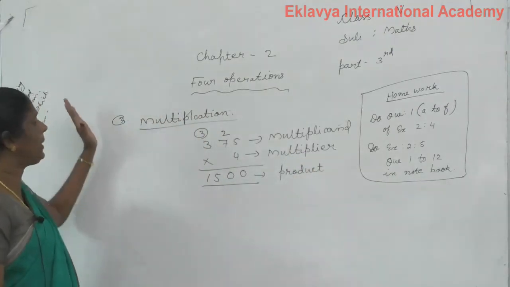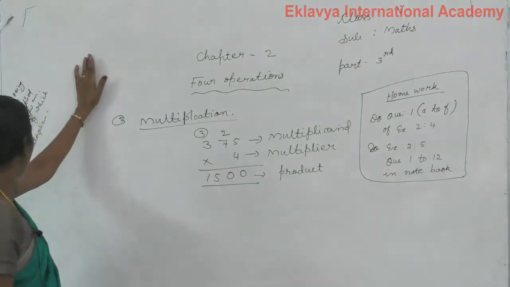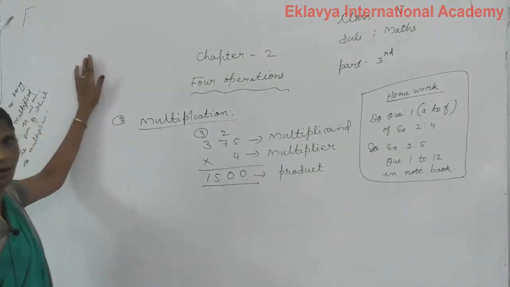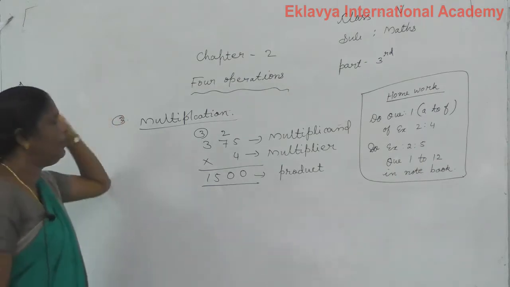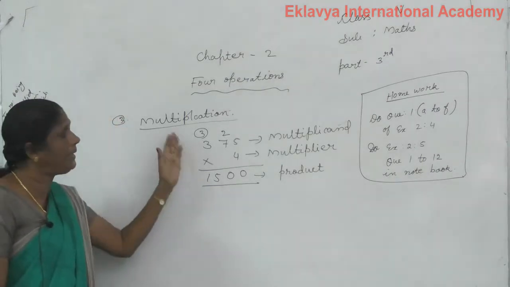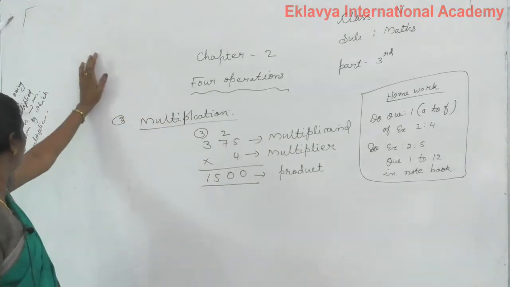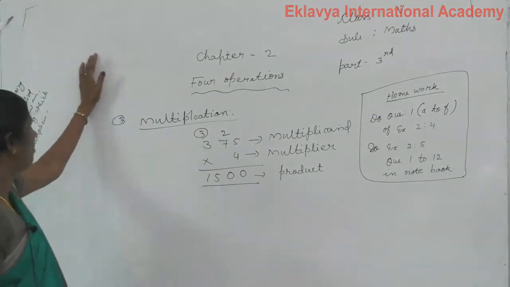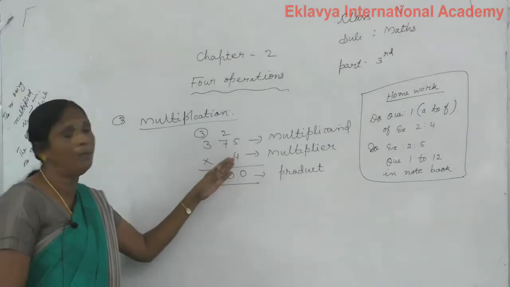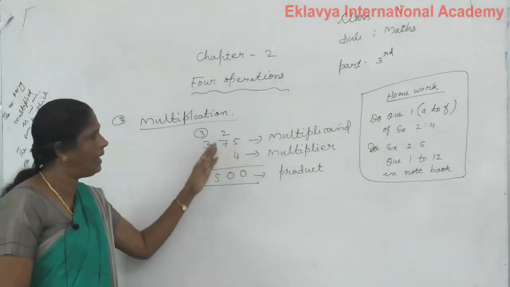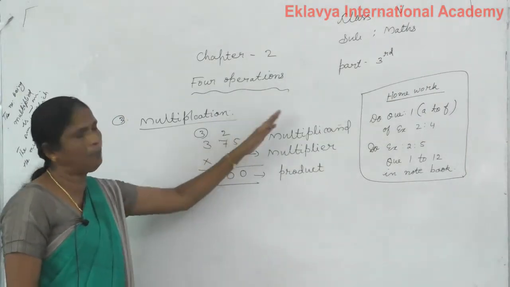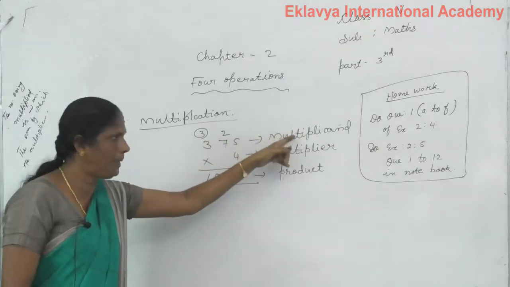What is a multiplicand? The number being multiplied is called multiplicand.